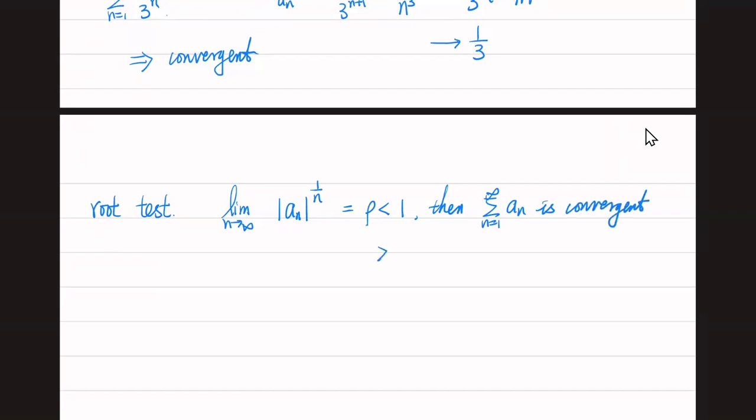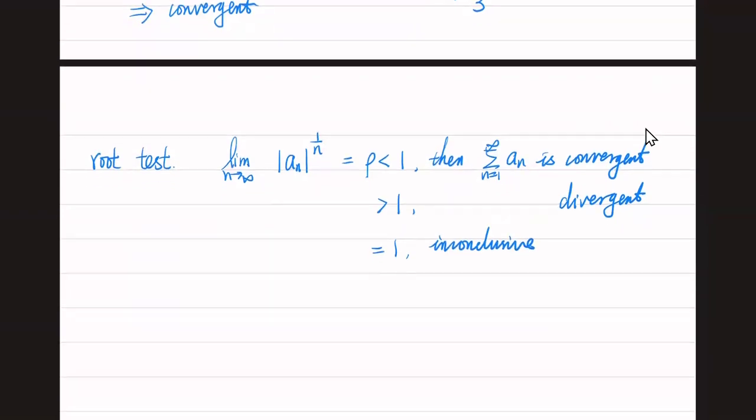If it is bigger than 1, divergent. Equals 1, inconclusive. This is the same thing, we compare with our model, r to the n, absolute value.